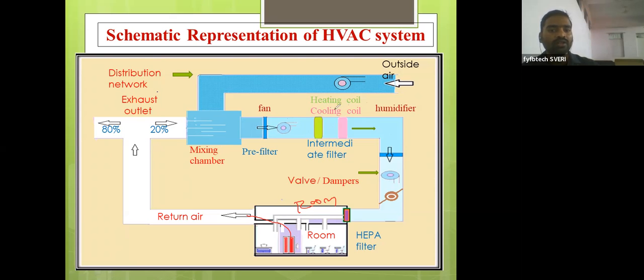Then heating coil or cooling coil will act. Then the humidifier and dehumidifier, depending on whether the air is dry or humid. Then there are dampers which will absorb whatever micro particles are there. Then it provides good air inside, and the room gets AC air. Some air goes out through the exhaust fan, and again it is treated and comes inside.